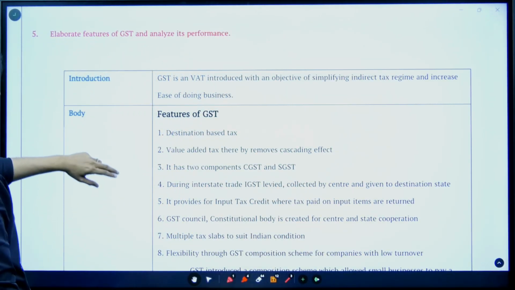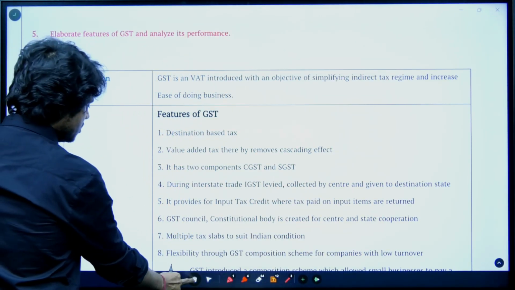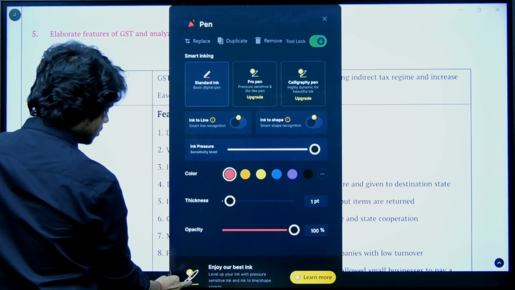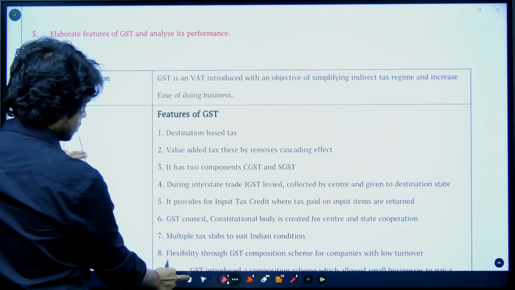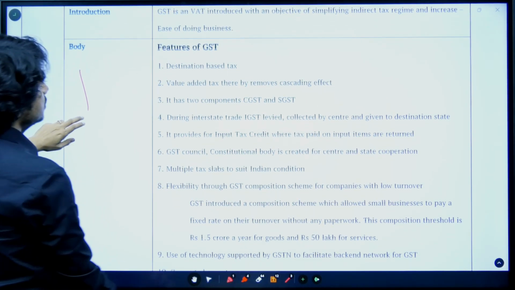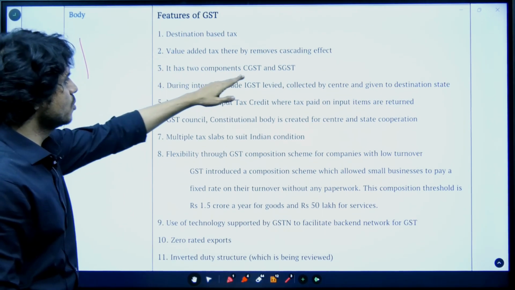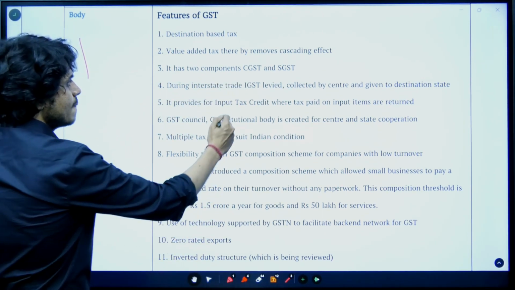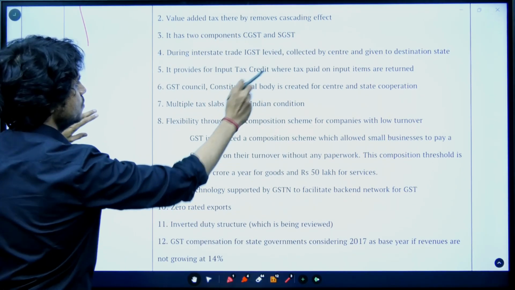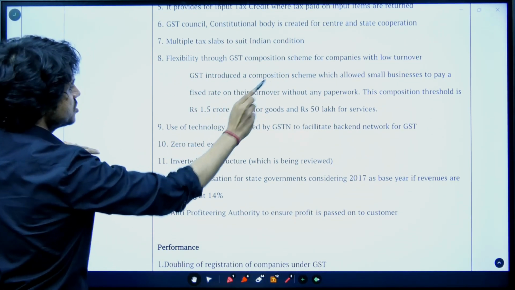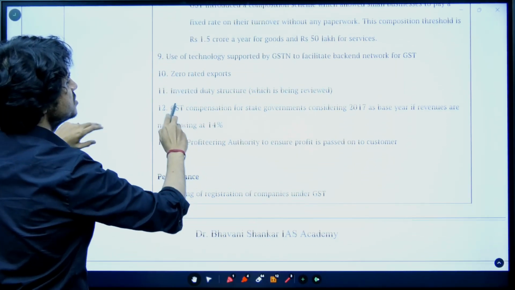Now see, a very simple question: features of the destination based GST. Destination based tax, value added tax, two components CGST and SGST, then IGST, input tax credit, GST Council, multiple tax slabs, GST composition scheme, and zero rating.